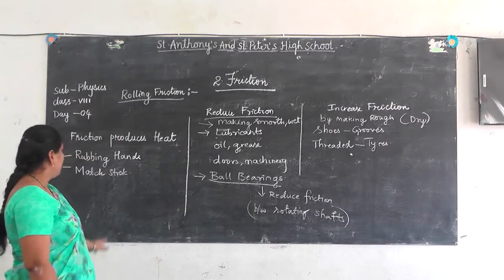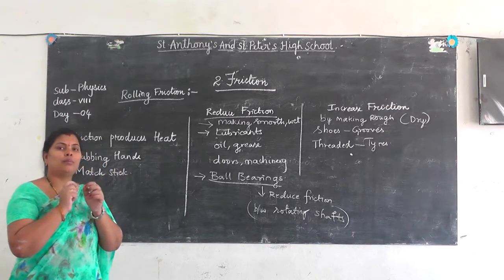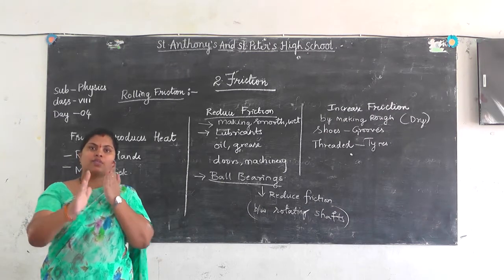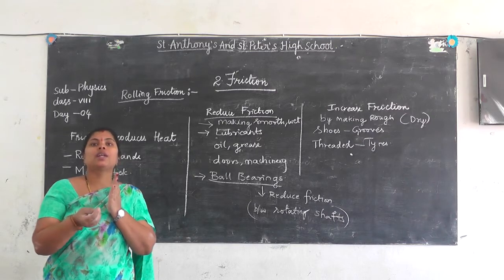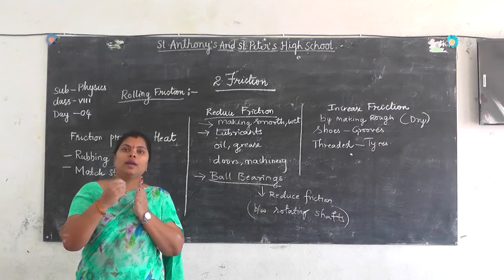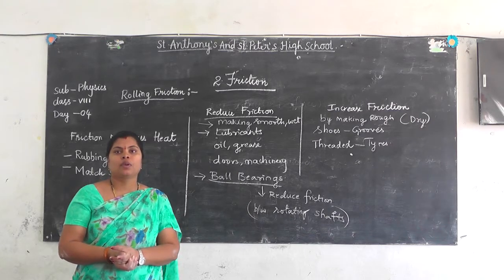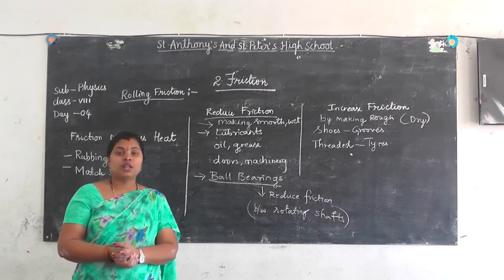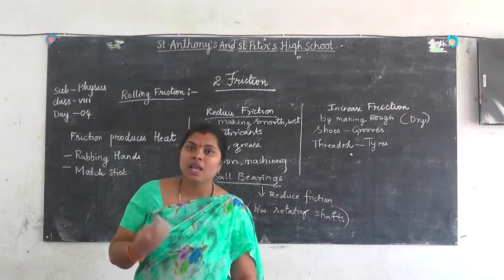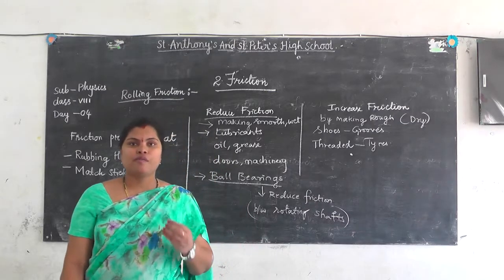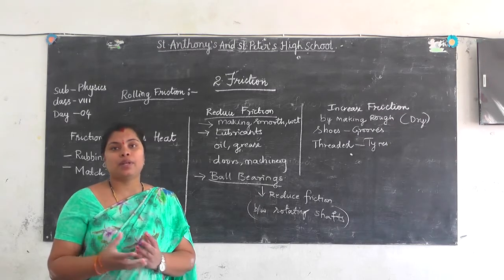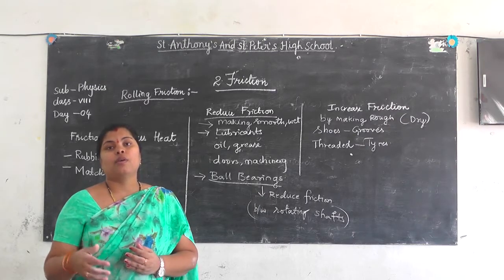In the same way, when you strike the matchstick against the matchbox, one rubs the other, the temperature increases, and hence your matchstick is able to catch fire. So it is clear that frictional force produces heat, because of which machine parts get damaged by a lot of heat.